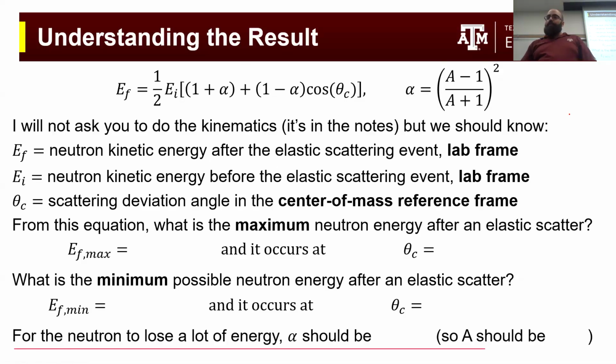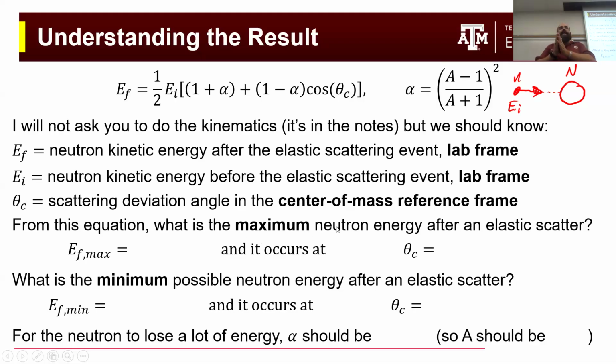And if we're thinking about redrawing the picture, we've got our neutron coming in and colliding with our nucleus. And the question that we want to think about is, this neutron has an initial energy EI, and what kind of scattering reactions, what kind of deviation angles, would result in my neutron losing a lot of its energy or losing very little of its energy.